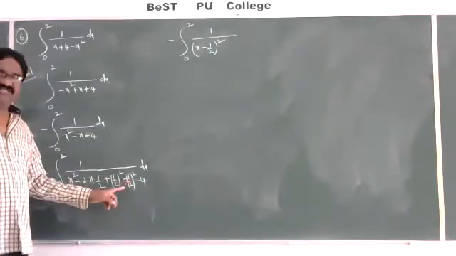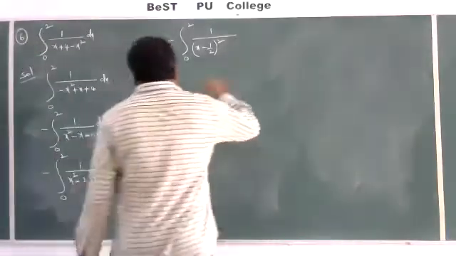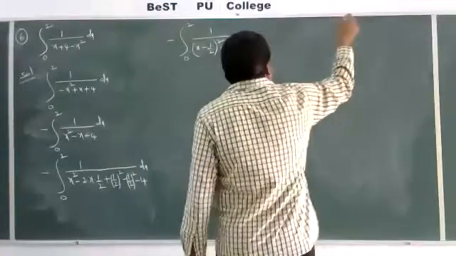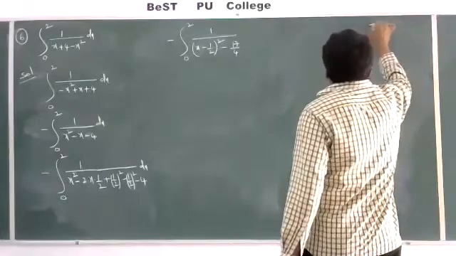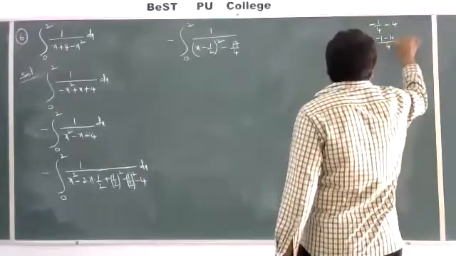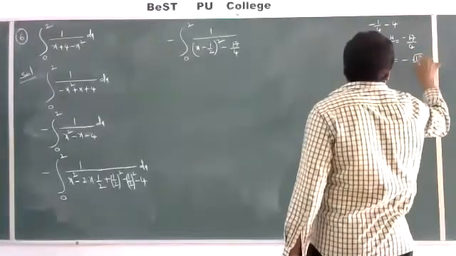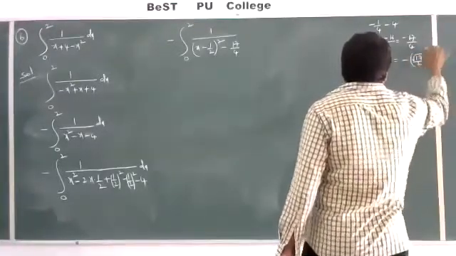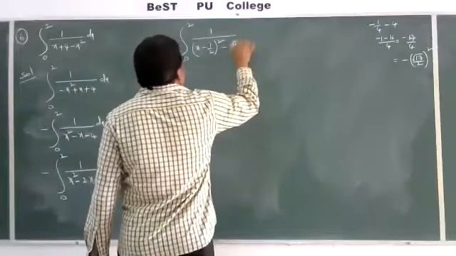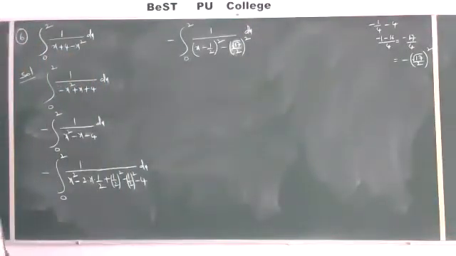Simplify this: minus 1 minus 16 by 4, that is minus 17 by 4. You write this as minus root 17 by 2 whole square, this is root 17 by 2 whole square dx.